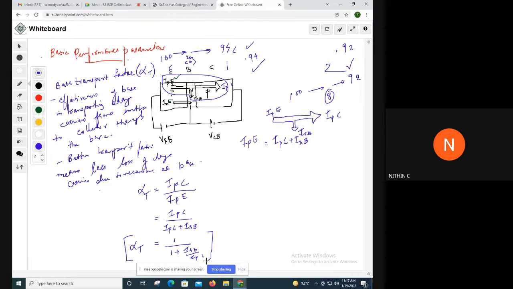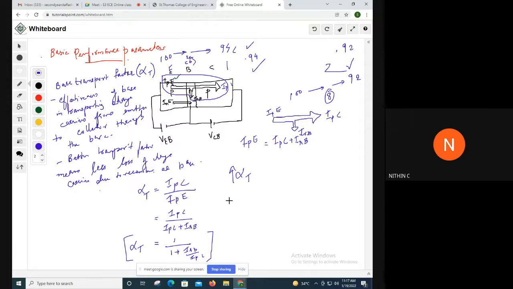Okay, now the question is, as we said earlier, we need to have a better base transport factor. In order to have an increased alpha t, what should we do? We have already said this. If we need an increased alpha t or base transport factor, we need to reduce the recombination current. That is, IRB should be less.